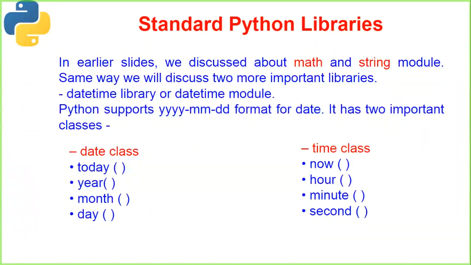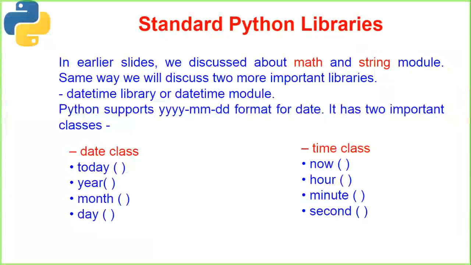So to deal with time and date, we have two important classes. One is the date class and the other is the time class. Under the date class, we have functions like today, year, month, and day.